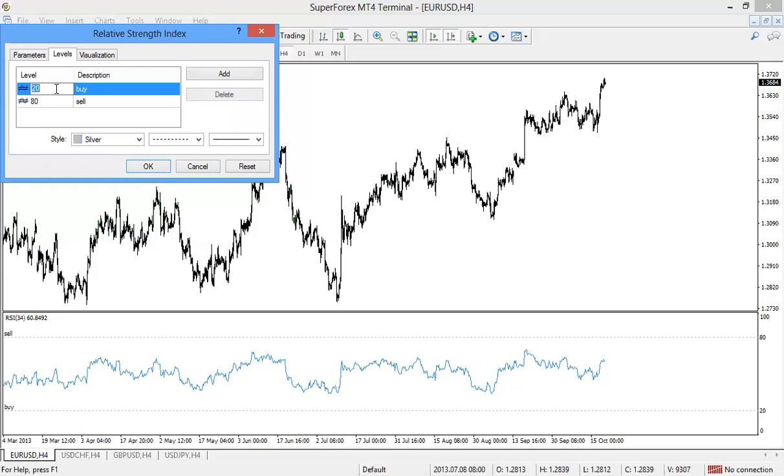So usually I love to use level 10 as deep buy, and level 90 as deep sell. Level 20 is exit sell.